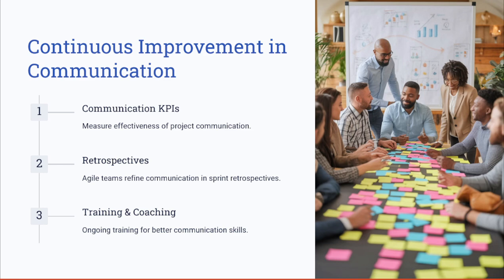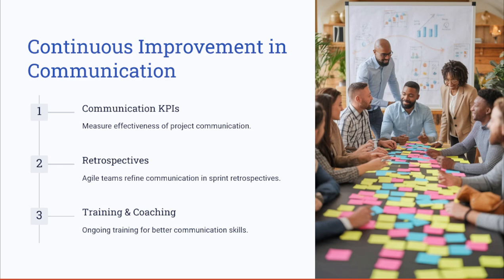And it's important to understand what your communication is doing. Is it doing good? Is it doing bad? So it's important to establish communication KPIs to measure the effectiveness of the project communication. For example, you might set a KPI where you have sent 10 messages, and nine of them were acknowledged, so 10% of your communication needs improvement.